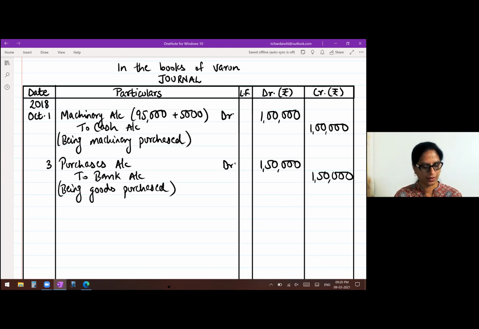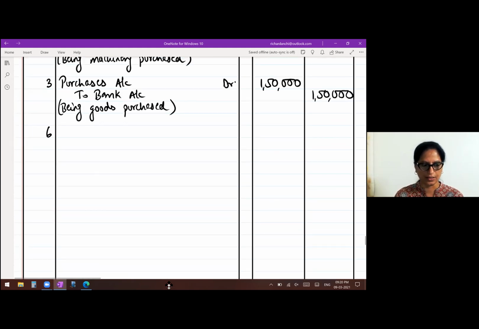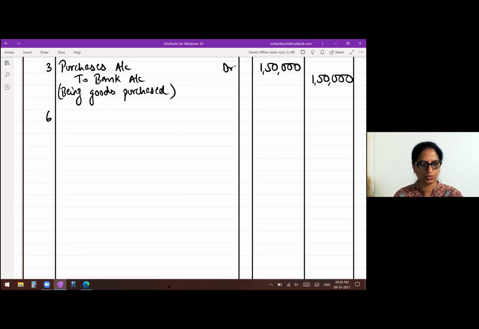Sixth, purchased laptop from Nagesh and Company worth rupees 1,80,000 at 18% GST. Okay, so now we have to show calculations. So you can write the entry first. What is happening here? You're purchasing a laptop from Nagesh and Company. So laptop comes into business.